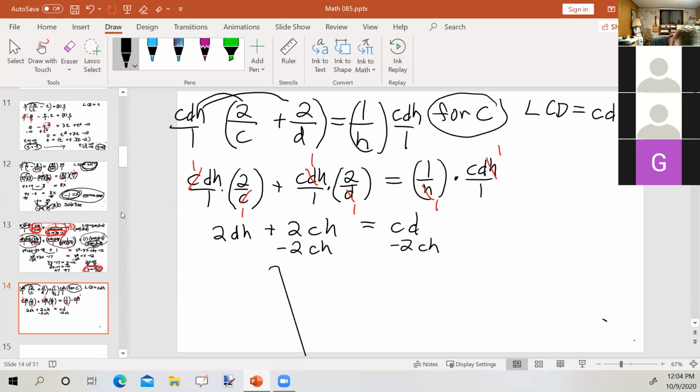That's going to give me 2DH equals CD minus 2CH. Now, CD minus 2CH, those are not like terms, so I can't put them together, but they both contain C.